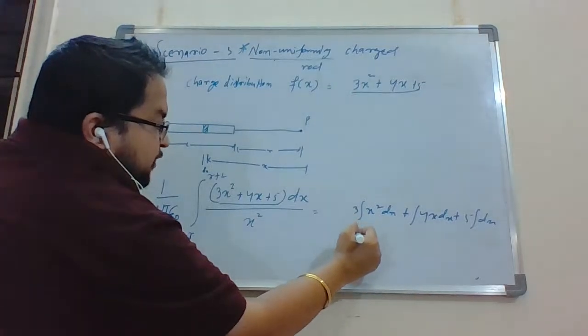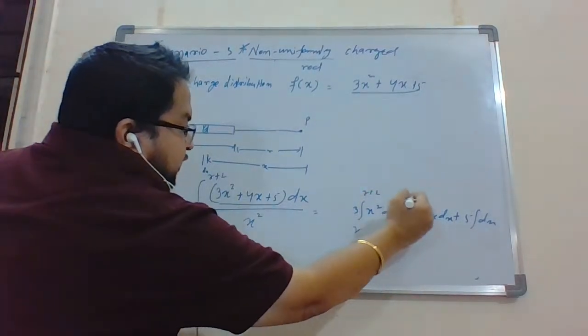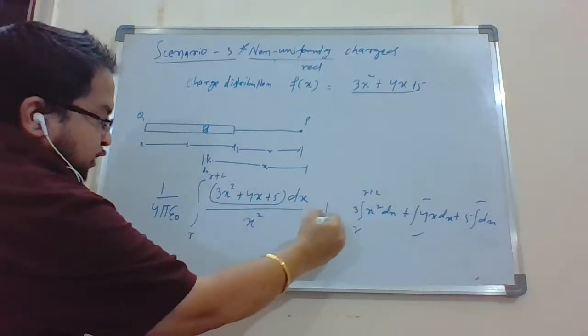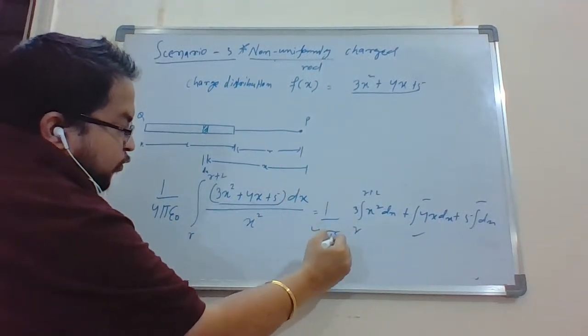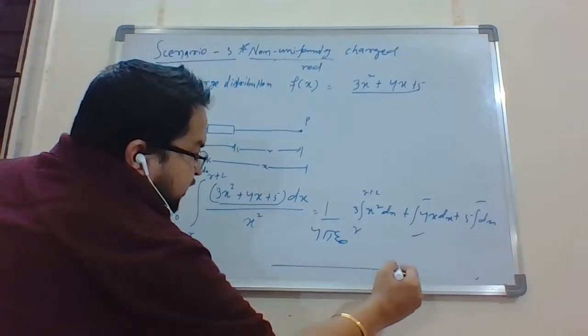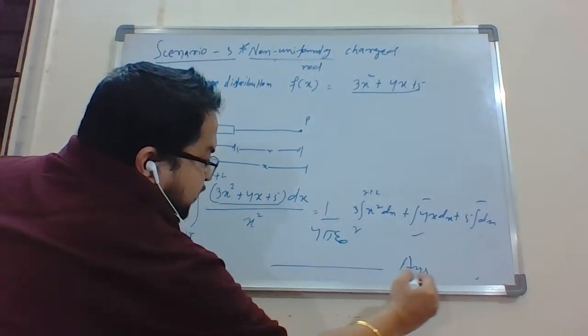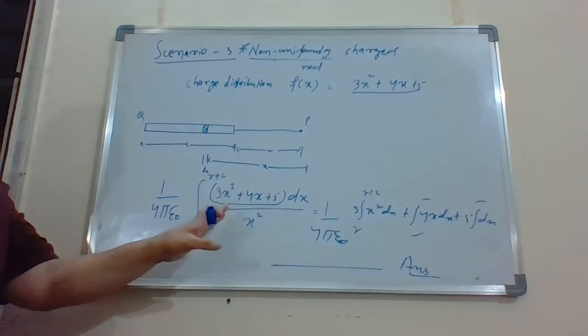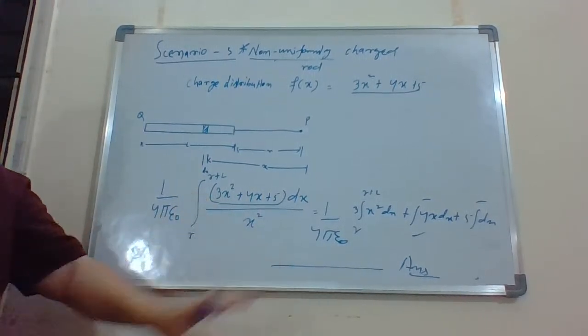You can put all the limits r to r plus l in all the scenarios, find out the integration by 1 by 4 pi epsilon naught. Whatever you get, that will be the answer. So this is complexity 1.